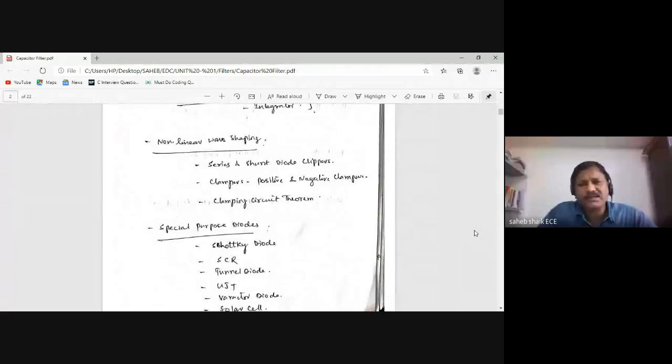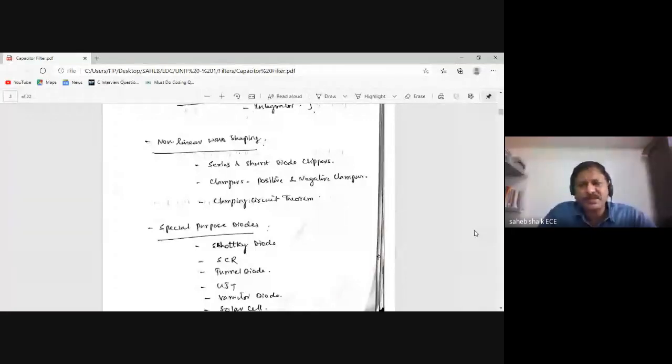So here clippers are there and clampers are there. In clippers, you will be studying series connectivity and shunt connectivity. Coming to the clampers, there are positive and negative clampers. In this non-linear wave shaping, we will be discussing the clippers, two types, series and shunt clippers, and the positive and negative clampers.